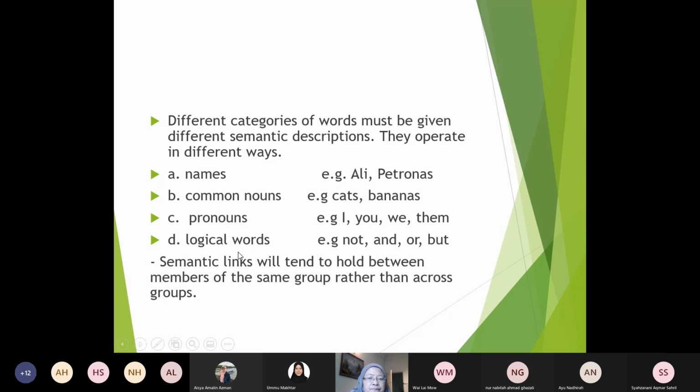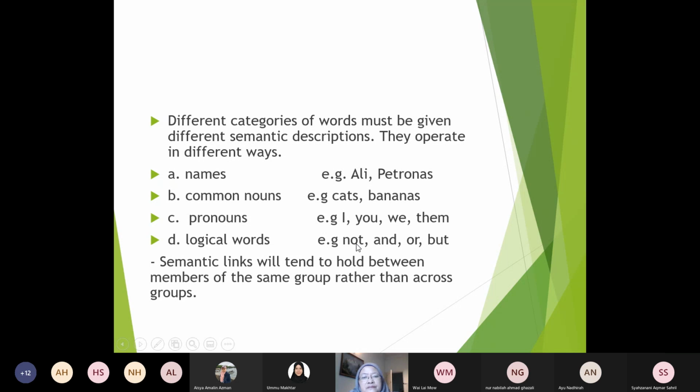So semantic links will tend to hold between members of the same group rather than across the groups. So we find that the referring meaning only happens within proper nouns and common nouns, but not the pronouns. And the referring to antecedent behavior will be shared by all the pronouns, but not between pronouns and cats and common nouns.